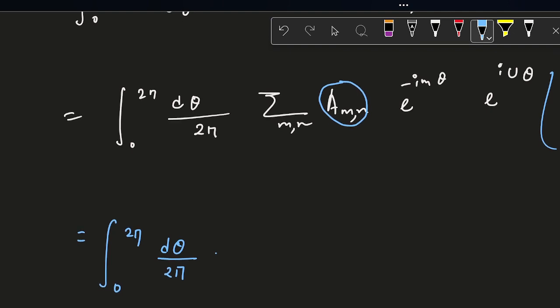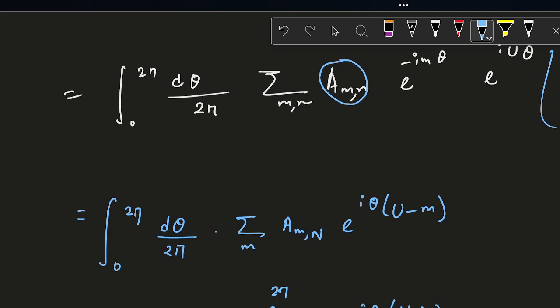After that is done, you just replace here a_m comma capital N, and also you do the same thing with the theta term, where we have i (capital U minus small m) theta. If you take this to the left, you can get again a Kronecker delta expression, this time in terms of the theta variable, but the expression is the same, right?